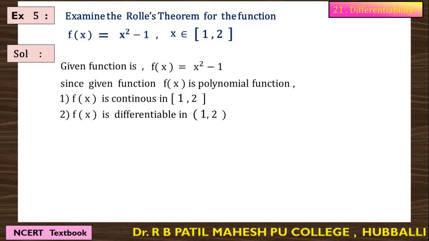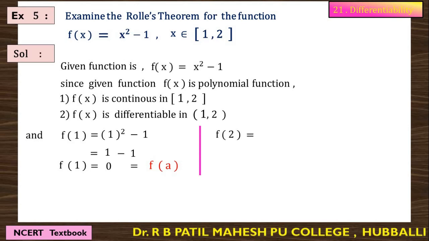Now check the equality f of a and f of b, that is f of 1 and f of 2, whether they are equal or not. So therefore you operate f of 1, that is in this f function put x equal to 1, 1 square minus 1, which is 1 minus 1, nothing but 0 value, denote this as f of a.